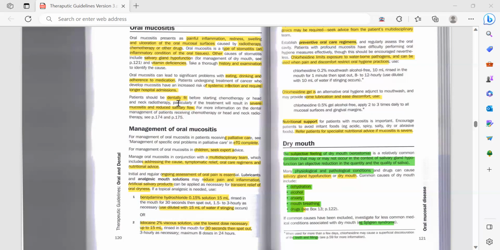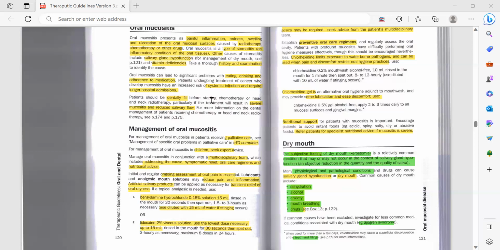You all know that bisphosphonates can severely affect the healing of the socket. So before that, it is very important to make sure that the patient is dentally fit, and there is no need for any extraction in the foreseeable future.